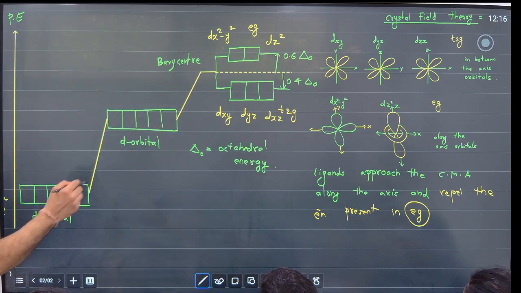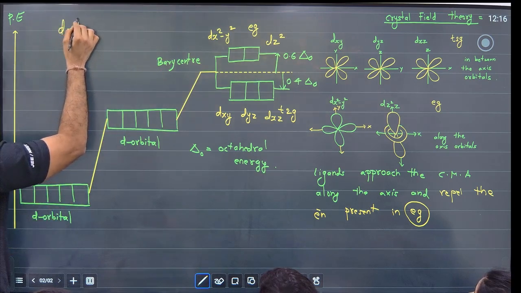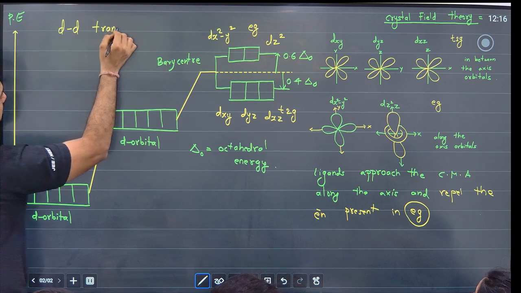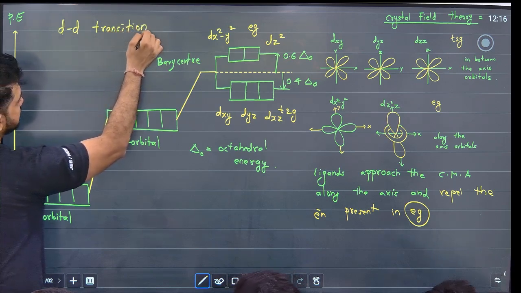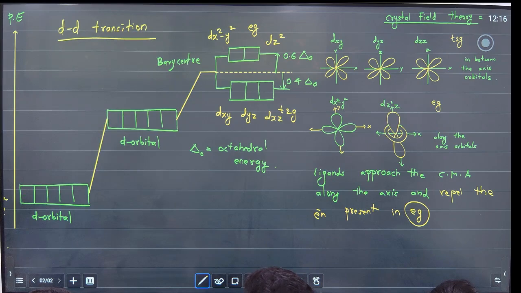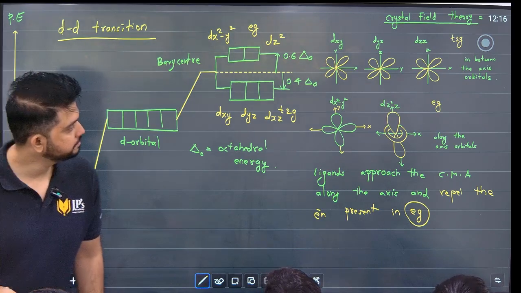This phenomenon is called, we studied this in the d block, we will again understand in detail what is d-d transition. I'm so sorry.